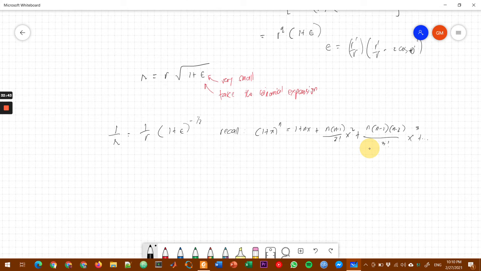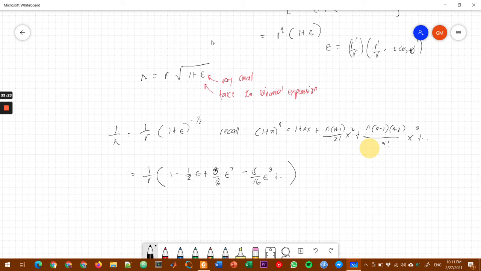So using that binomial expansion, we can have 1 over r times 1 minus 1/2 epsilon plus 3 over 8 epsilon squared minus 5 over 16 epsilon cubed plus and so on.